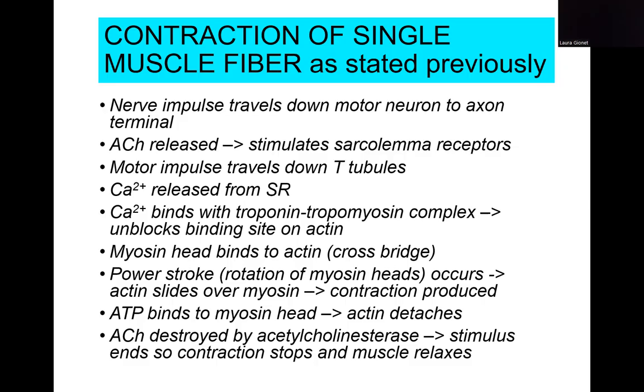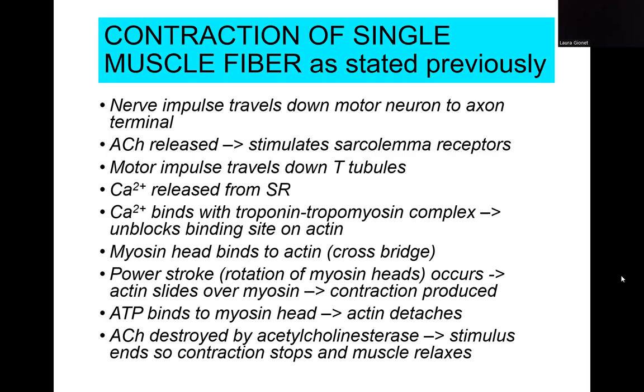So let's look at it step by step. A nerve impulse travels down the motor neuron to the axon terminal. Acetylcholine is released and stimulates the sarcolemma receptors. The motor impulse travels down the transverse tubules. Calcium is released from the sarcoplasmic reticulum.